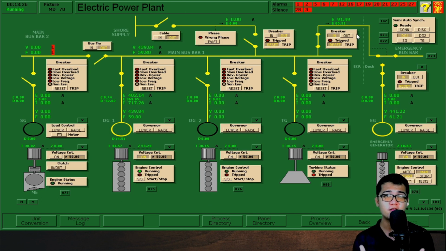Now, let's compare the two. Earlier, on electricity generation, transmission, and distribution on land, you noticed that after the electricity is generated, it passes through a step-up transformer prior to transmission.